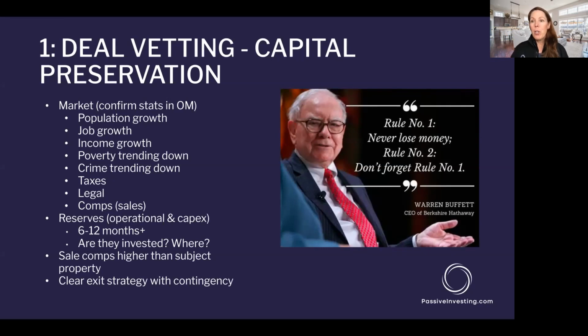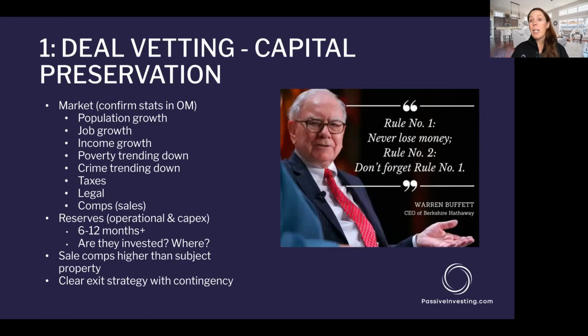I also want to make sure that there's reserves. This is another way to preserve capital. If the operator is not going to be forced to sell the asset, and if they are well capitalized to ride out any storm, then great, you haven't lost, right? So I want to make sure that the operator has a good depth of operational and CapEx reserves.